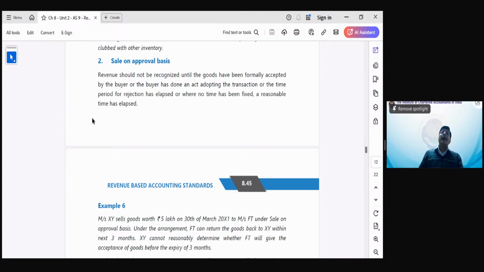That till the time the buyer doesn't give the approval, which is a kind of acceptance that yes, I have received the goods and I'm fine with the goods. Many a time the buyer will receive, inspect, and if the buyer is okay with all the goods, that is when the buyer will say, okay, it's fine, and now we are good to go. In such a case, there is a term which is attached in the contract.